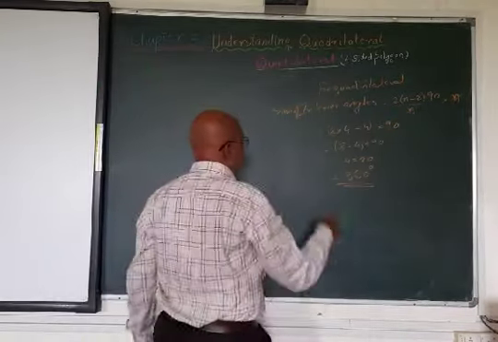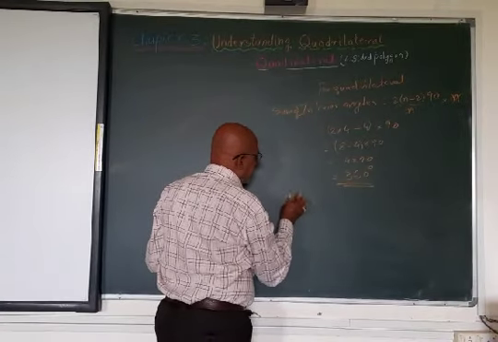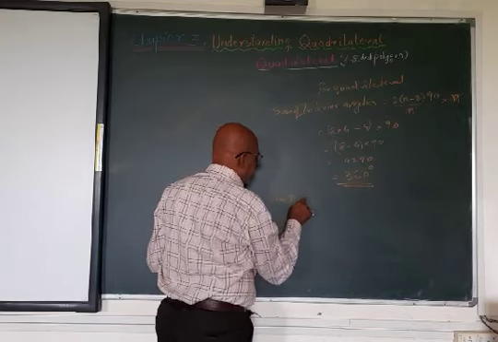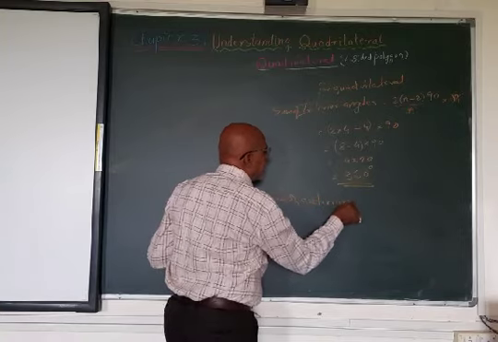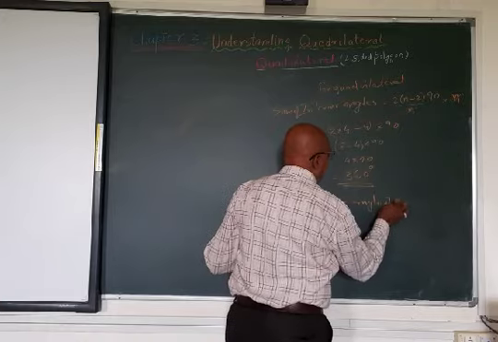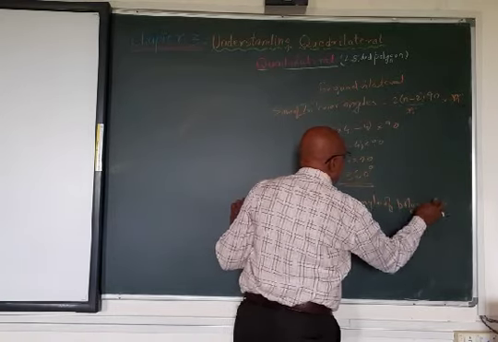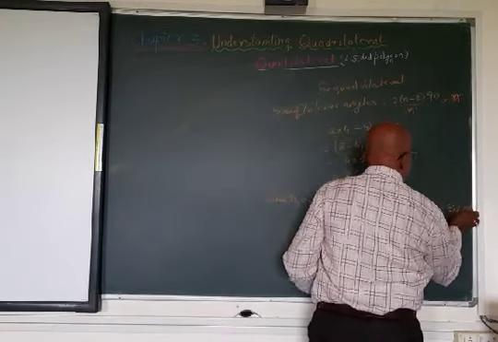Then comes the sum of exterior angles of a polygon, which is always 360 degrees.